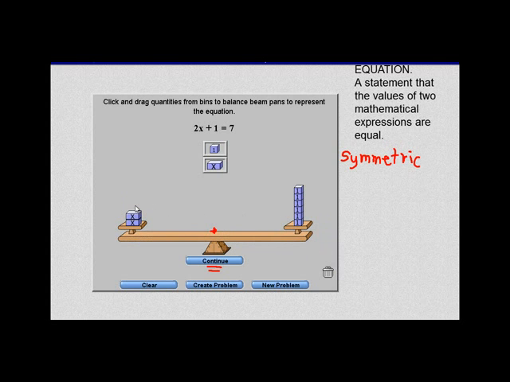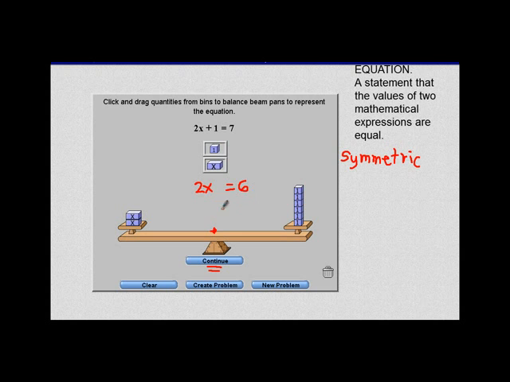When I remove 1 unit here and I remove another unit here, still I get a balance, or I still get an equation. So what's the result? Instead of having 2x plus 1 at the left-hand side, I now have 2x equals 1, 2, 3, 4, 5, 6 equals 6.